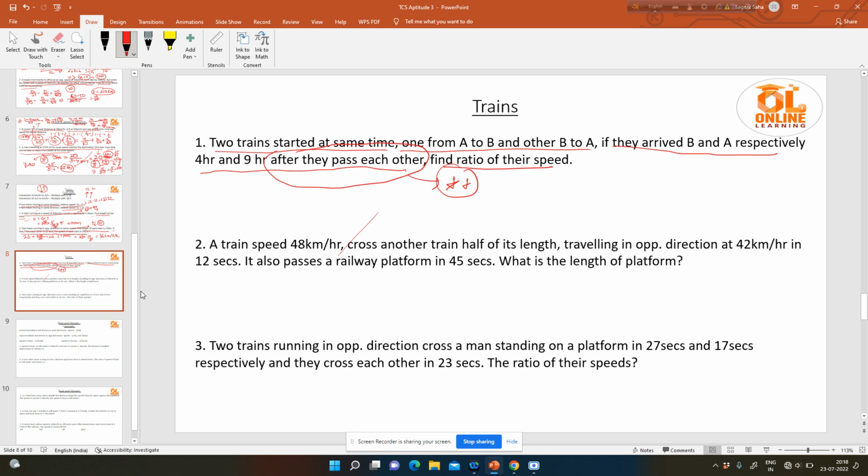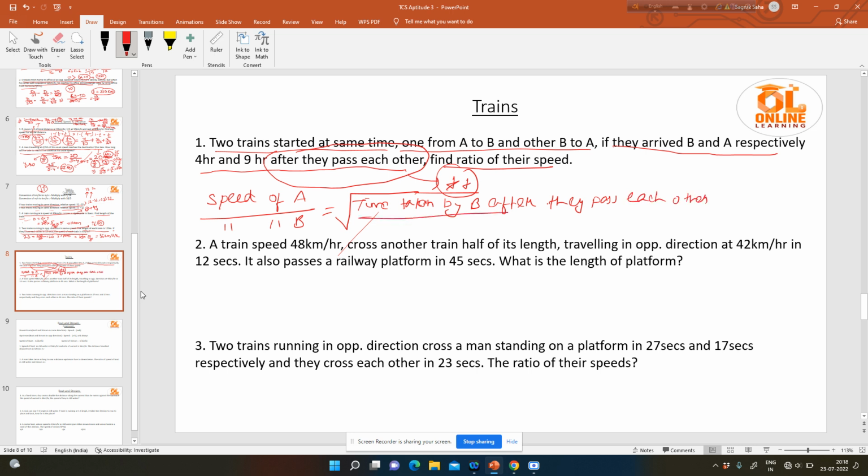That formula is: speed of A by speed of B is equal to root over the time taken by B after they pass each other by the time taken by A after they pass each other.